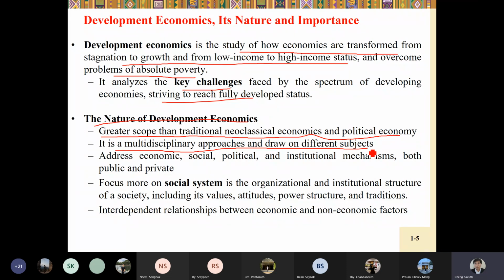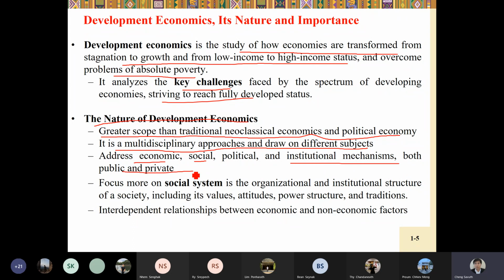So you will see in the lecture, if you read the book, you can even touch on peace, security, and law, regulation, and so on. So this is a multidisciplinary subject, and it addresses the economic, social, political, and institutional mechanisms, both public and private. So it goes beyond traditional economics.